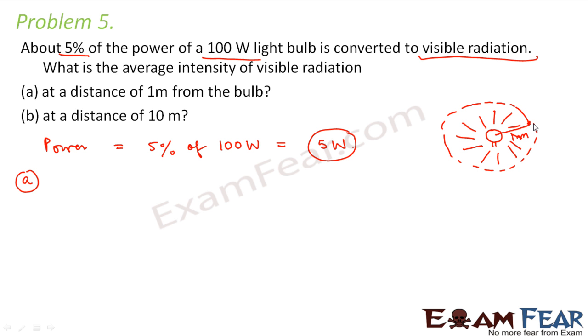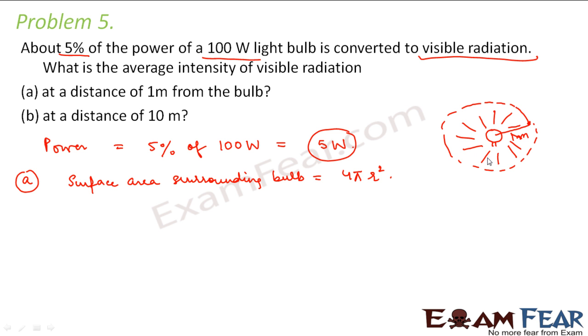It is nothing but the entire area within a radius of 1 meter from the bulb. So what is the surface area surrounding the bulb? It would be given by 4 pi r square. This would be the entire surface area surrounding the bulb.